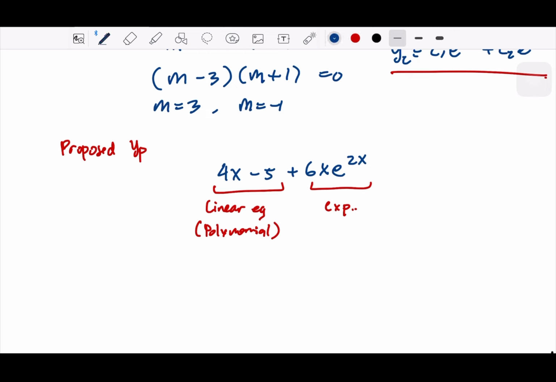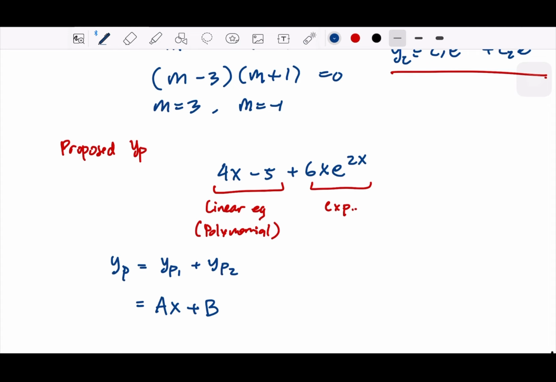So we can have yp is yp1 plus yp2. And yp1 is just the linear. So we can take, using a, ax plus a constant b. Okay.